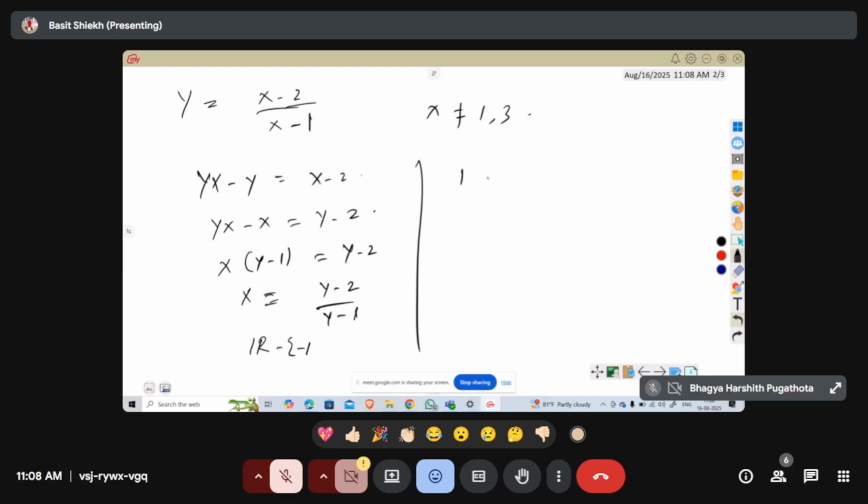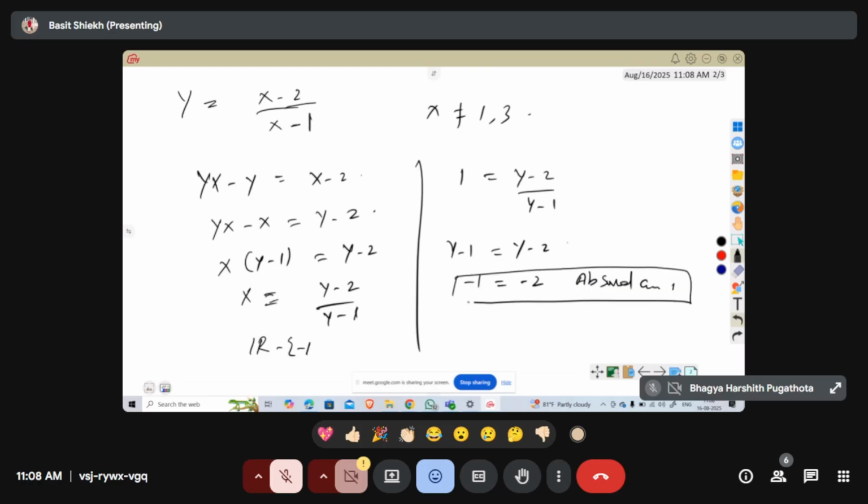If my x is 1, then I will check what value of y it will be giving. y minus 2 divided by y minus 1 equals 1, which is y minus 1 equals y minus 2. y and y will get cancelled, minus 1 equal to minus 2. This is an absurd condition. This point I will not remove. Otherwise, it is already removed. Okay, this was 1, I guess. Minus 1, sorry.